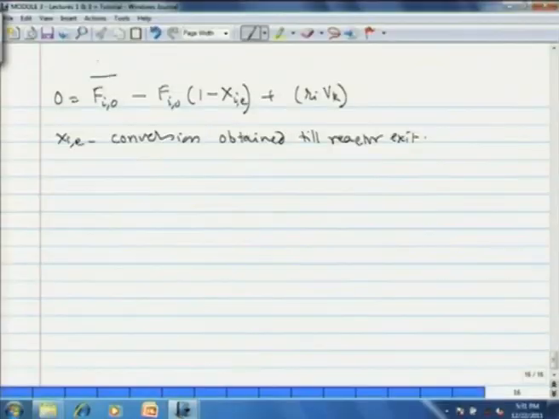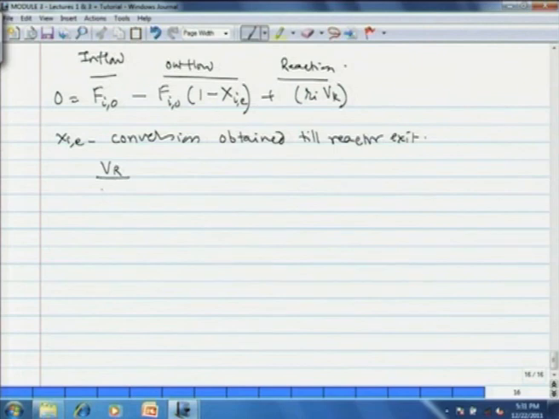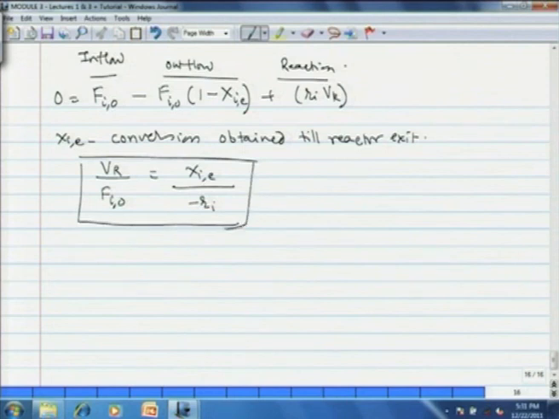So, this is the inflow minus outflow plus the reaction. Now, if you rearrange this equation, you get a simple design equation for CSTR, which you have seen in the course of reaction engineering, as VR by Fi naught is equal to Xif divided by Ri.